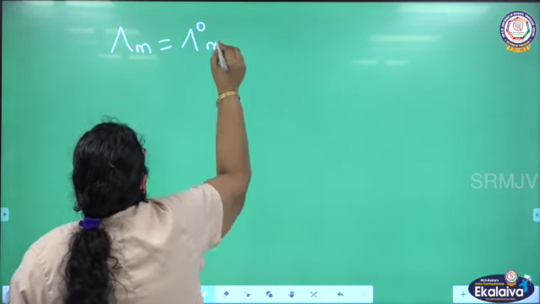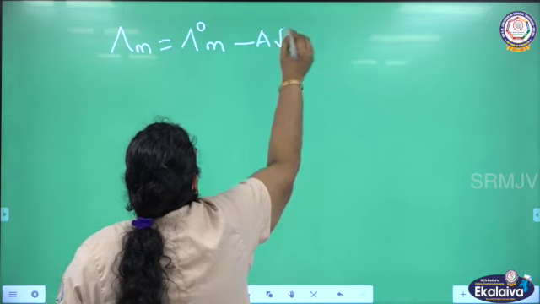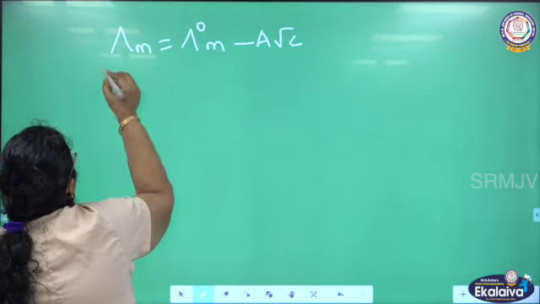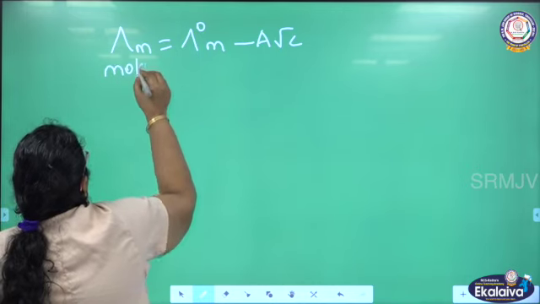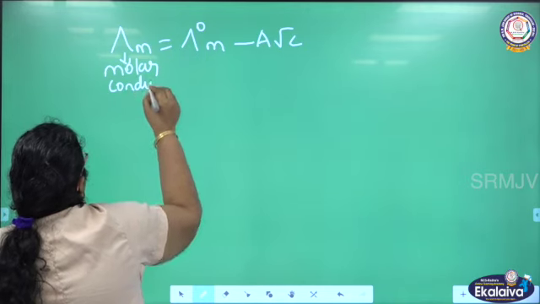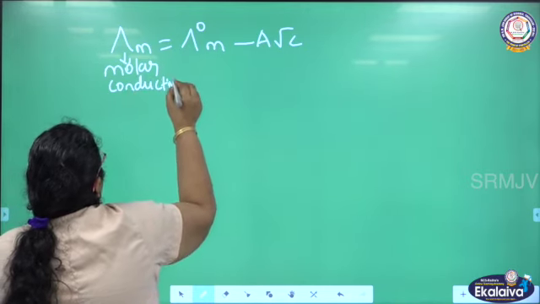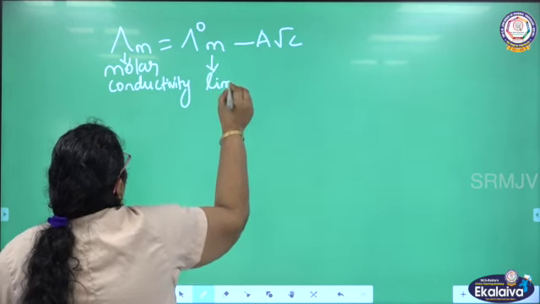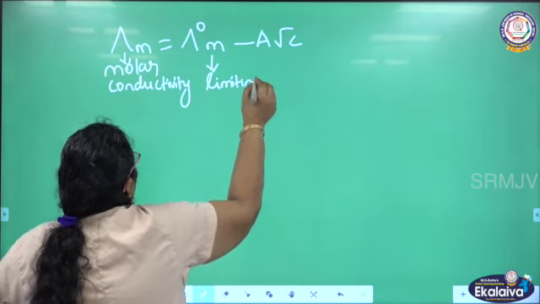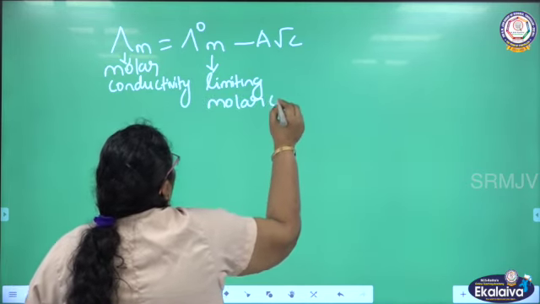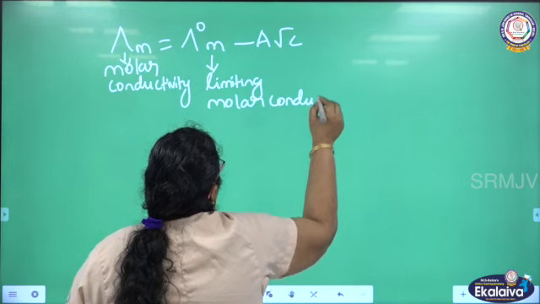Lambda m is nothing but molar conductivity. What is lambda naught m? It is nothing but limiting molar conductivity.